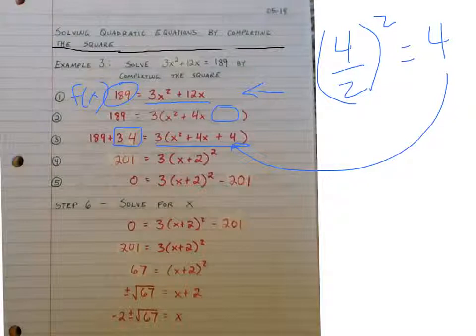Step 4 was simplifying both sides. So 189 plus 3 times 4 is 201, and on the right-hand side we used a perfect square trinomial. Step 5, we wrote it into vertex form. So our f of x, if we had it, would be located f of x plus 0.